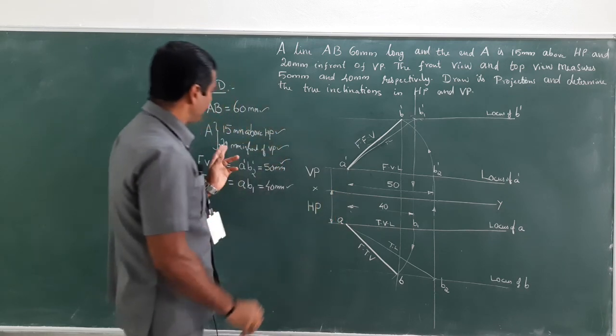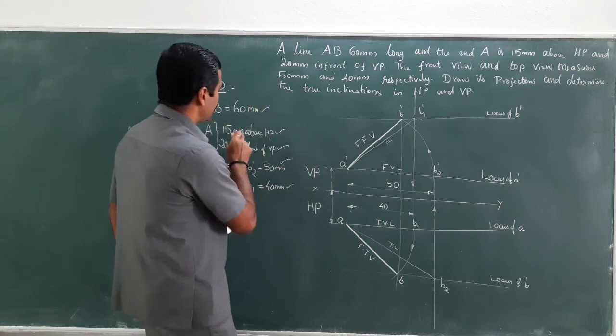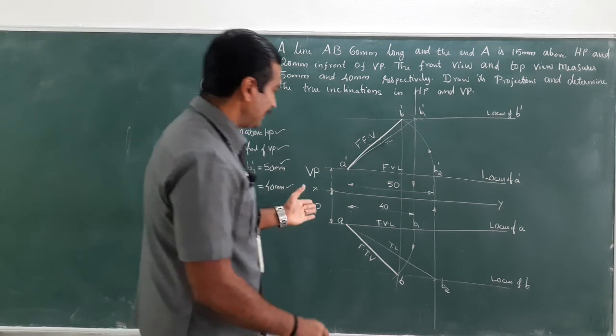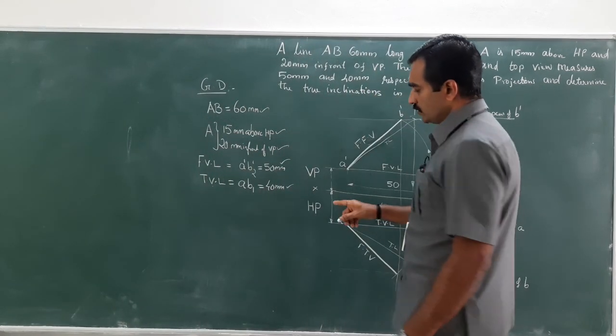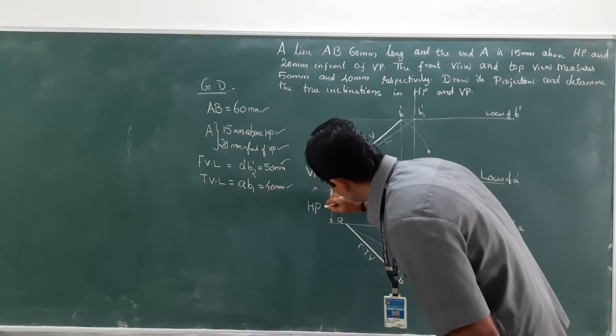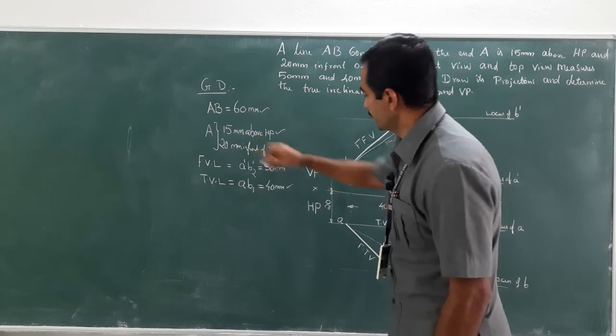Here, in front of VP, it is 20 mm, right? And 15 mm above HP. Above the dimension line only, we have to mark the dimension. So here it is 20 mm and here it is 15 mm.